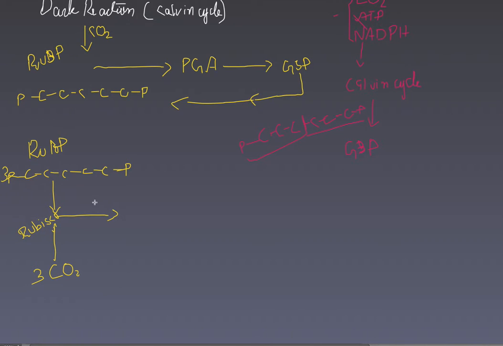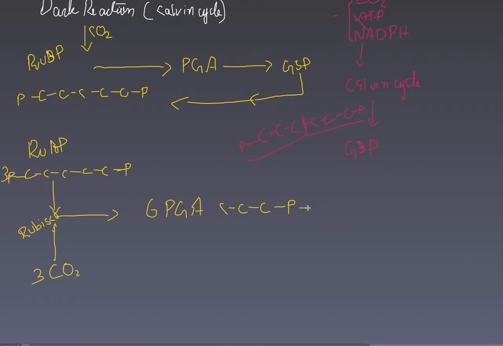As these join together, you are able to generate about 6 molecules of PGA, which is a 3 carbon molecule with a phosphate group attached to it. So 6 times 3 is 18, 5 times 3 is 15. Yep, so we have 6 molecules of PGA.